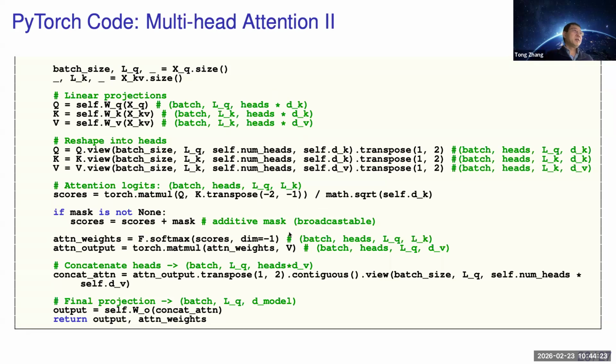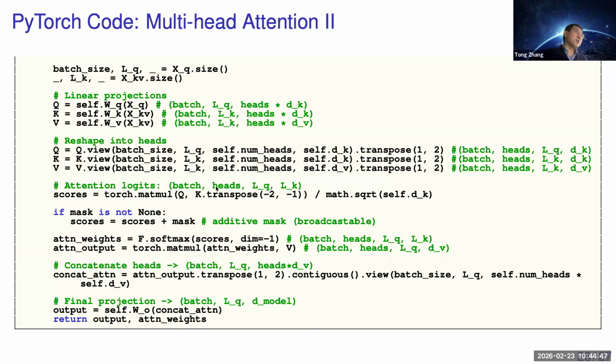If you write that, you just need to make sure everything matches. Otherwise, you could have wrong dimensions. But otherwise, it's just a few lines of code. So basically, this gets you your output. It also gives you the attention weights sometimes. Anyway, so that's about it.